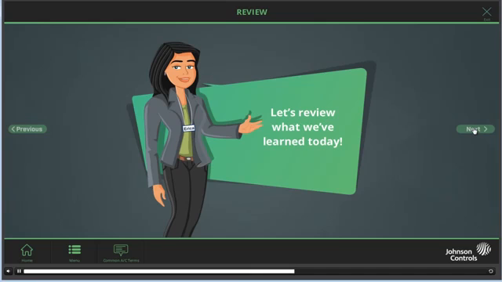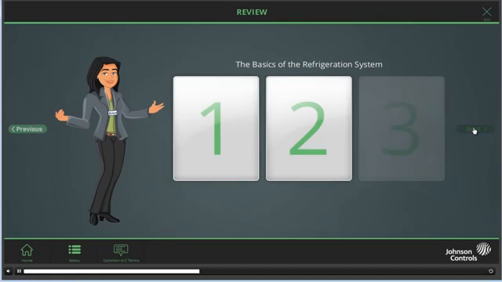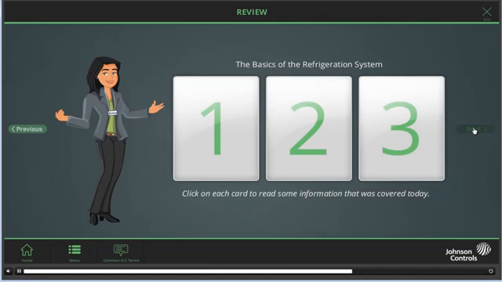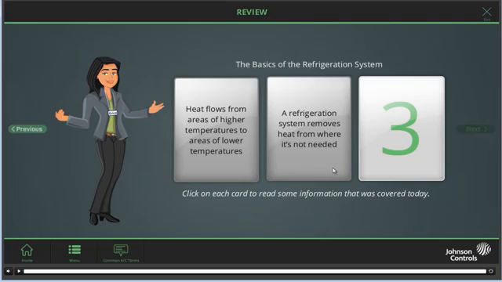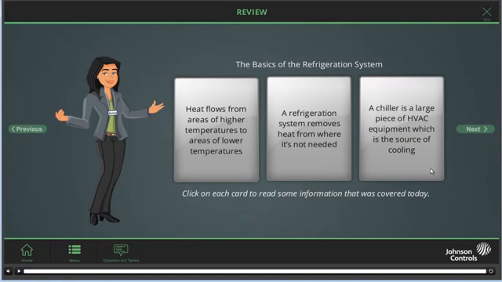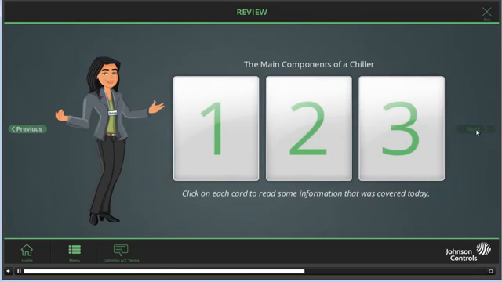Let's review what we've learned today. The basics of refrigeration. Click on each card to read some information that was covered today. The main components of a chiller. Click on each card to read some information that was covered today.